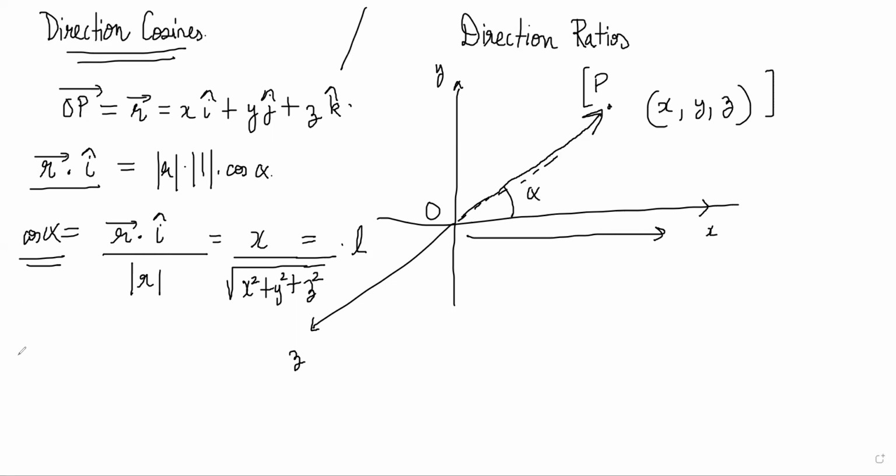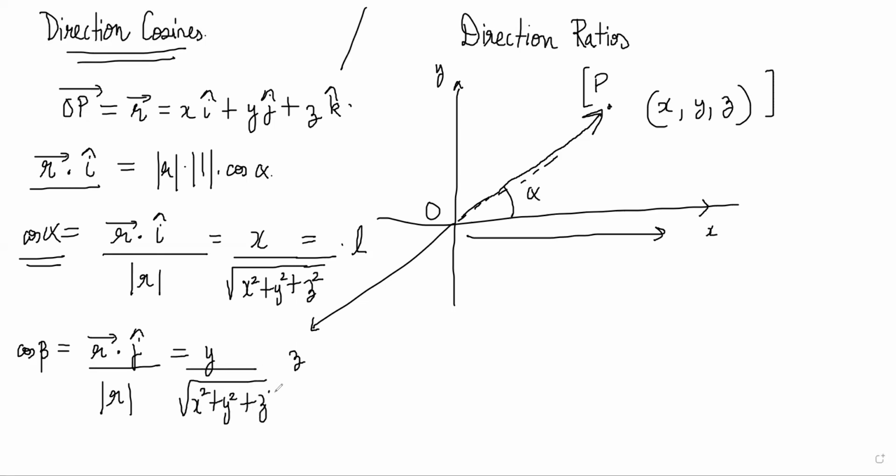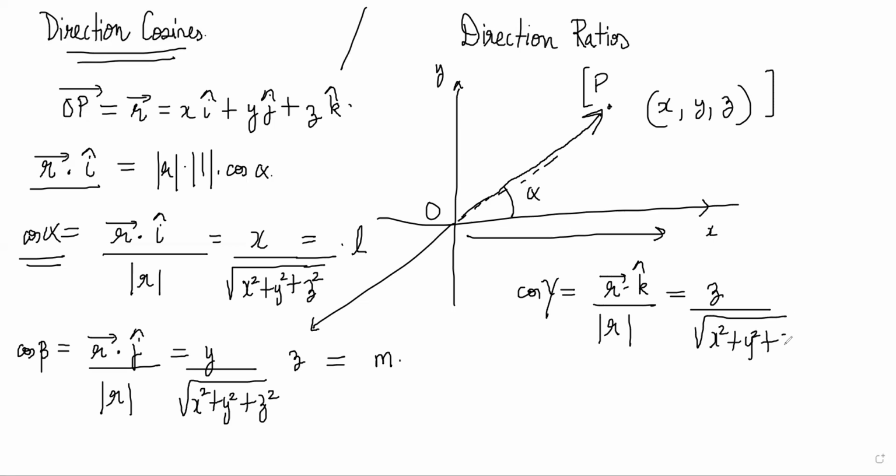Similarly, cos beta would be R dot J by mod R. So it will become y by root over x square plus y square plus z square, and that is called M. And cos gamma would be R dot K by mod R. That will be z by root over x square plus y square plus z square, and that is called N. So your L, M, N become the direction cosines of this point.